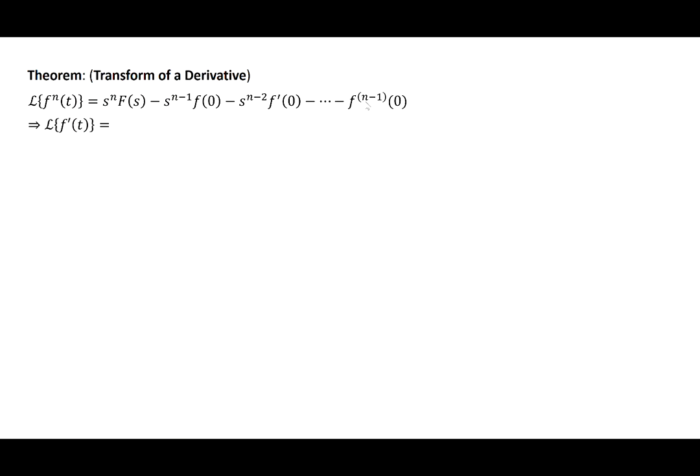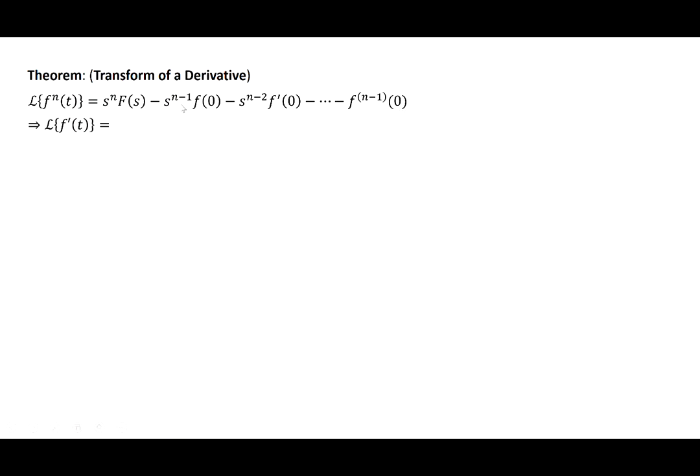That means do not take any derivative of f. So f itself evaluated at 0. Are you with me on this one? So the first term, when n equals 1, should be s times F of s, and the last term should be f of 0. Keep those in mind.